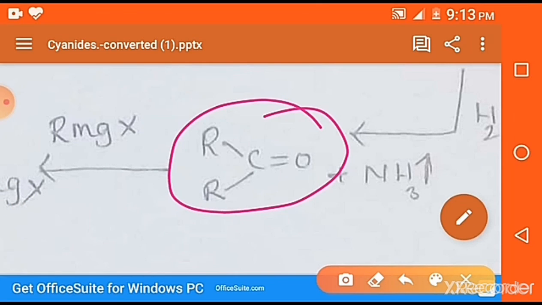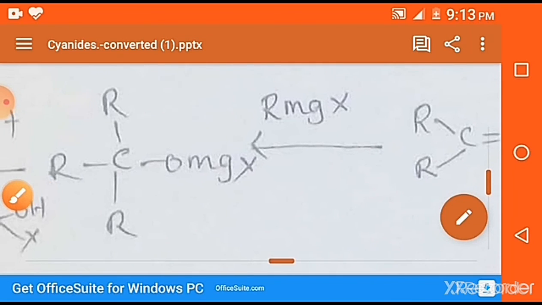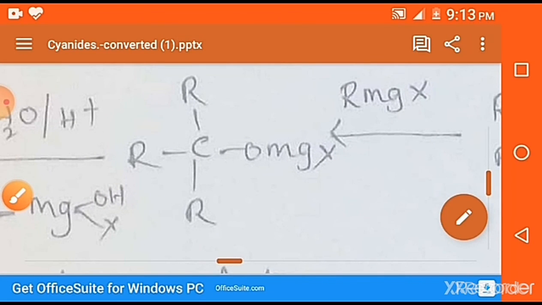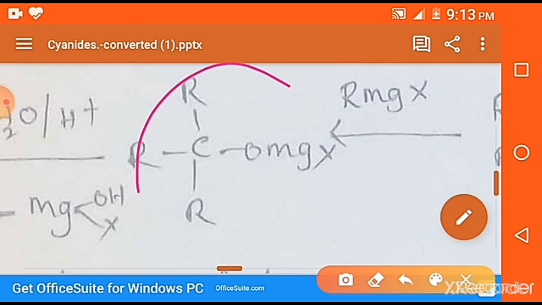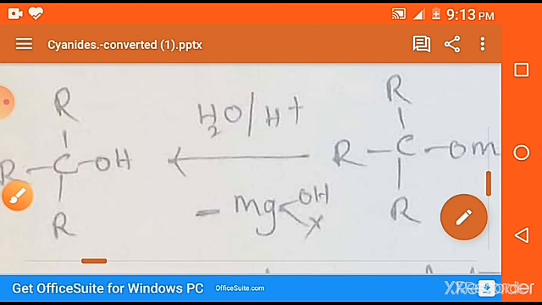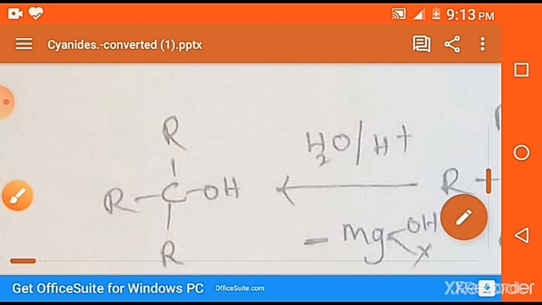We know carbonyl compounds react with the Grignard reagent. First it will give an adduct, followed by hydrolysis, giving tertiary alcohols. You see, this is a tertiary alcohol. On hydrolysis it gives alcohol. You see, finally it is alcohol.